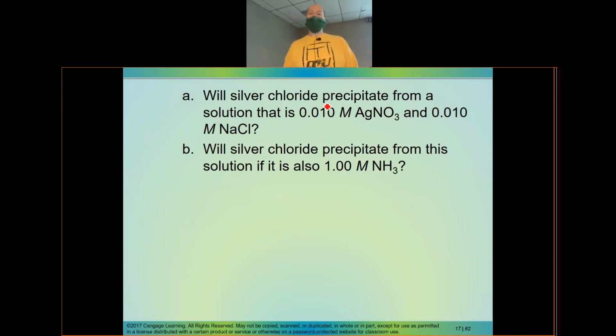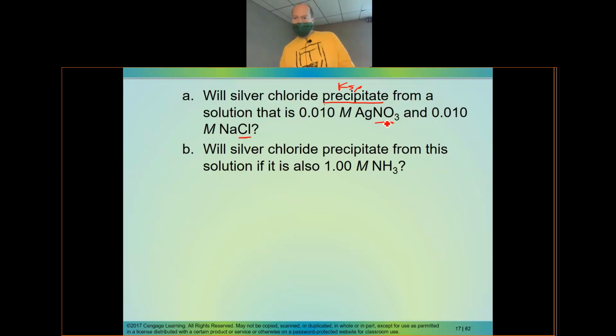Anytime you have a question about precipitate, will silver chloride precipitate? You always think KSP. So anytime I see precipitate, I know I'm doing a KSP reaction. All right, so all sodiums are soluble and all nitrates are soluble.